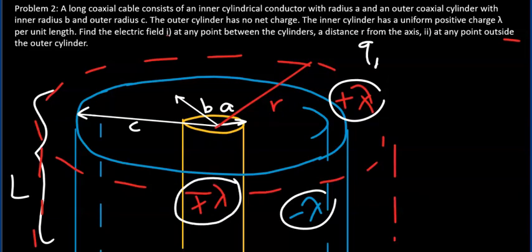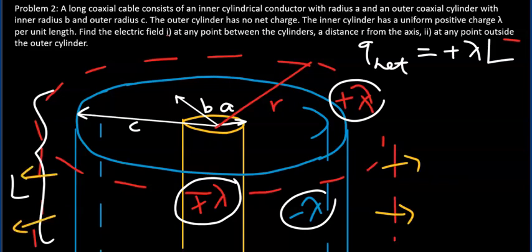So the net charge is given by plus lambda times capital L, which is the length of that cylindrical Gaussian surface. As before, due to that positive net charge, the electric field will penetrate the curved surface of the cylinder at 90 degrees, and the electric flux through that surface is given by the field at that point times the area of the curved surface, which is 2 pi r, where r is the radius of that cylinder, times the length of the cylinder.